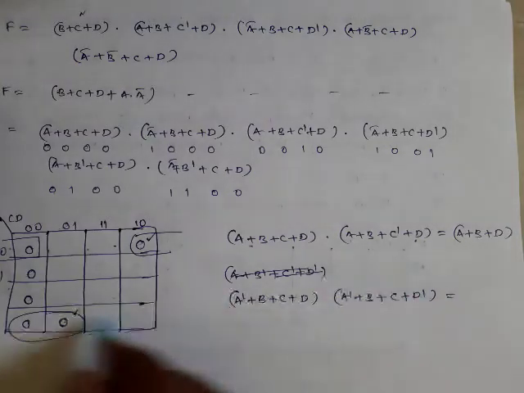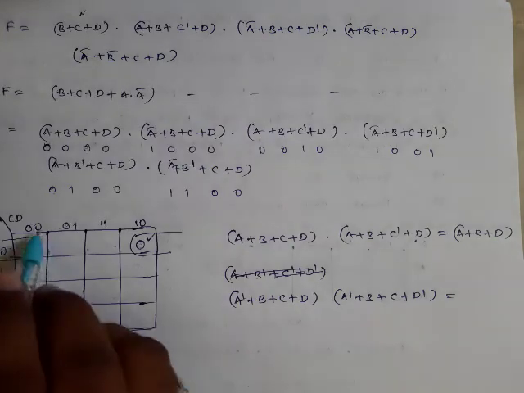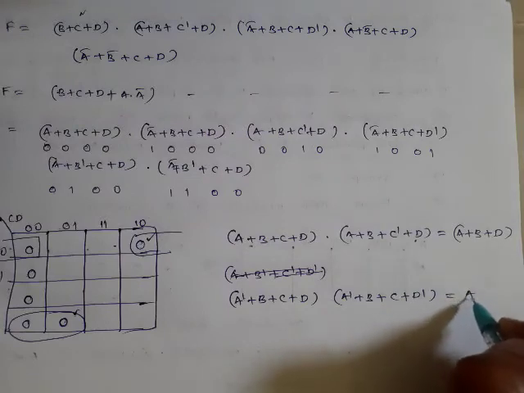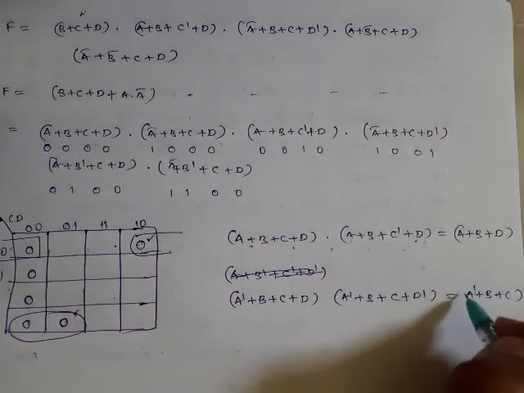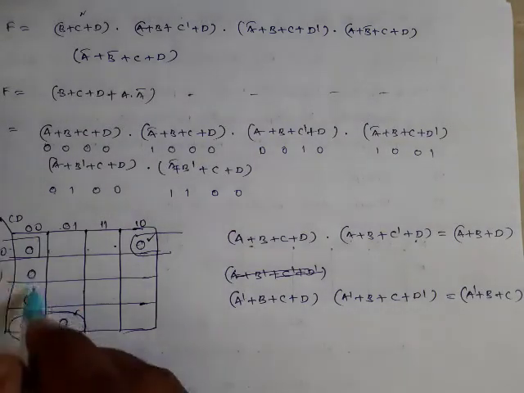This loop eliminates the variable that is changing, that is d. So the term generated is a bar plus b plus c.